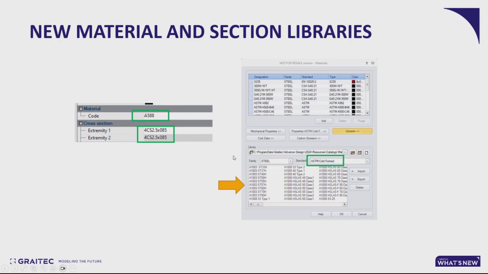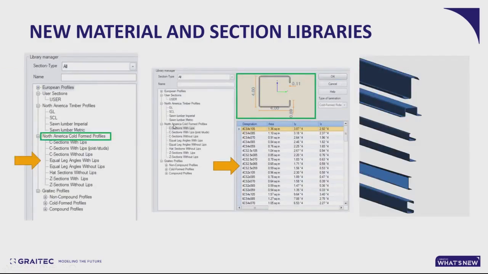To define those in Advanced Design, you go to material properties for the material, and in the family of steel, you switch to ASTM cold form, and as you see, you will have the option to select the required material type in your project. We have already defined all of the standard materials of the updated ASTM libraries, and you can select the material, import it inside your project, and then assign it to your member as you see here.